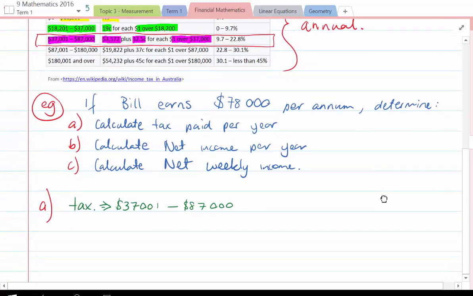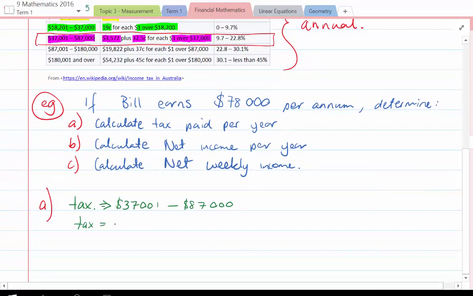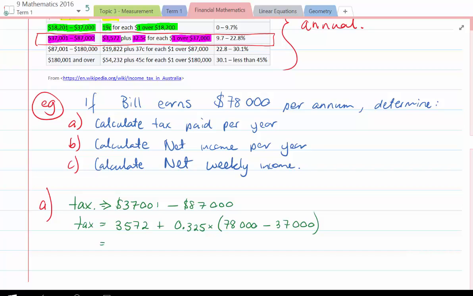His tax will be 3,572 plus 32.5 cents, which is 0.325, for every dollar he earns over 37,000. So that means we're going to look at 78,000 subtract 37,000.